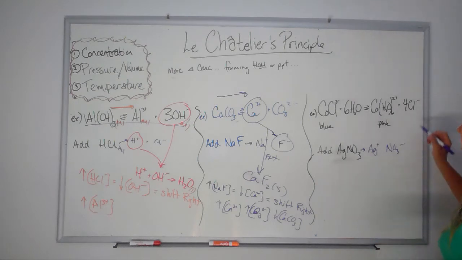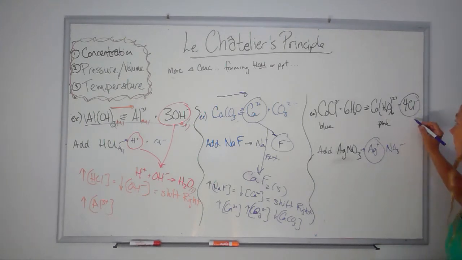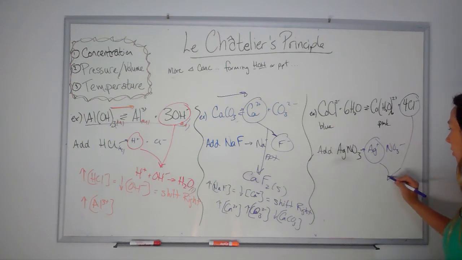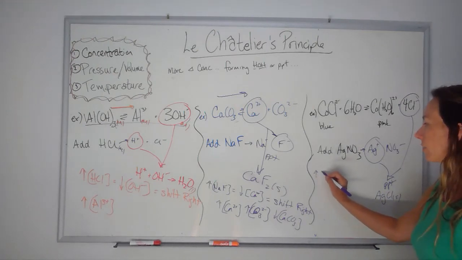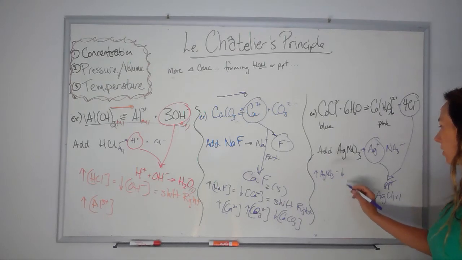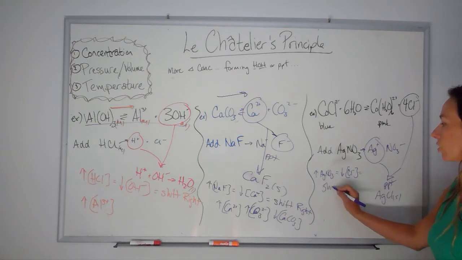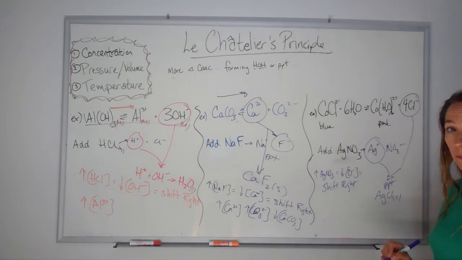You look at your precipitation table and you see that the chloride ion and the silver ion are going to form a precipitate of AgCl solid. So increasing the AgNO3 results in a decrease of my Cl- concentration, and so the reaction will shift to the right to replace them.